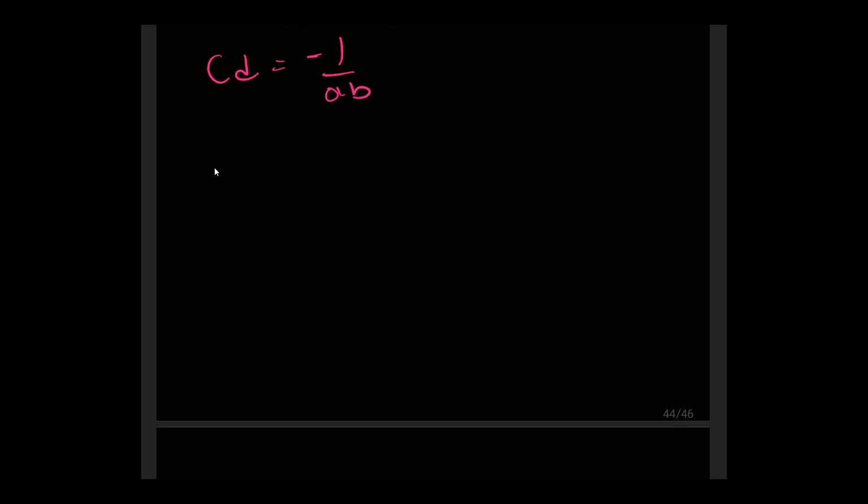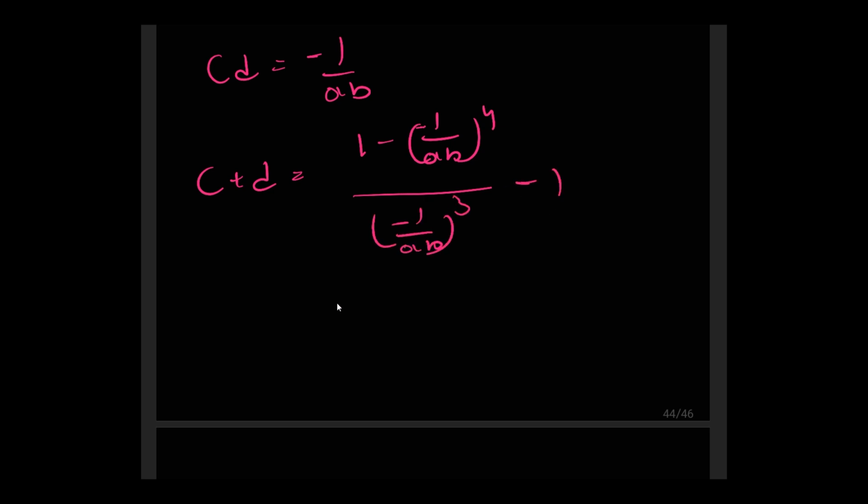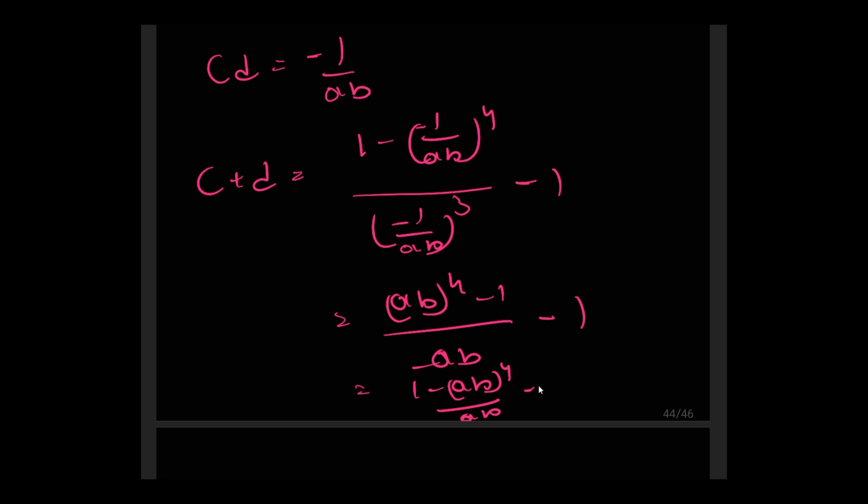We will get c plus d equals 1 minus 1 by ab whole power 4 by minus 1 by ab whole cube minus 1. That equals 1 minus ab whole power 4 by ab minus 1.